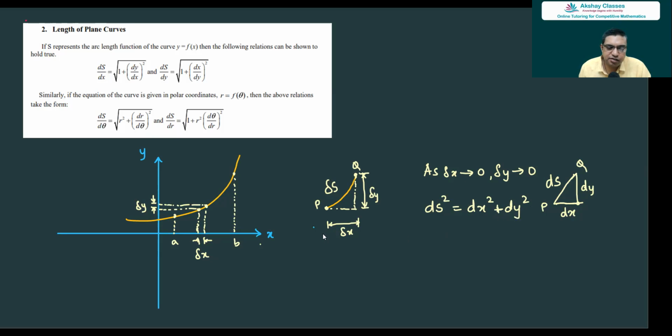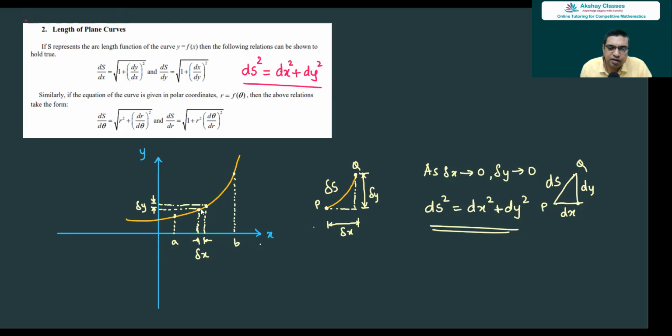So this is the concept. The most critical expression here is ds square is equal to dx square plus dy square. If you remember this, from here you can derive all the others.